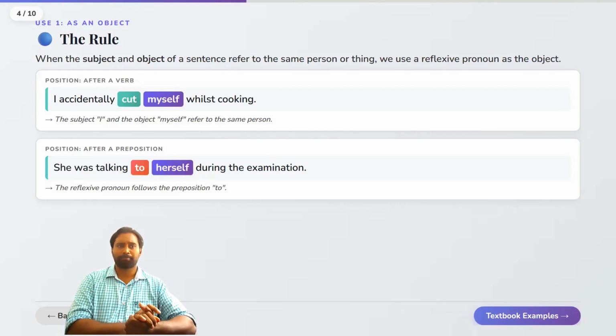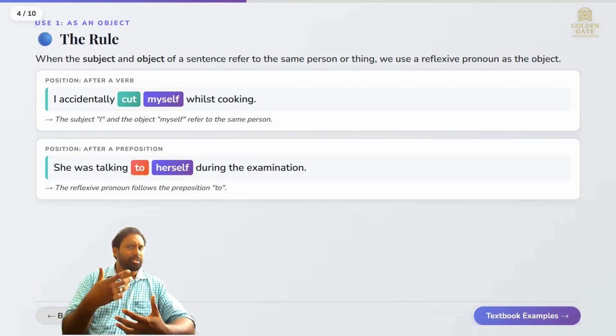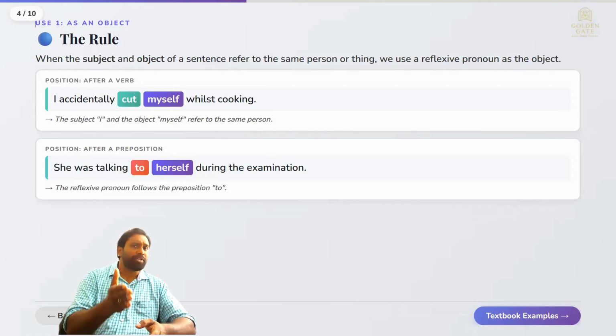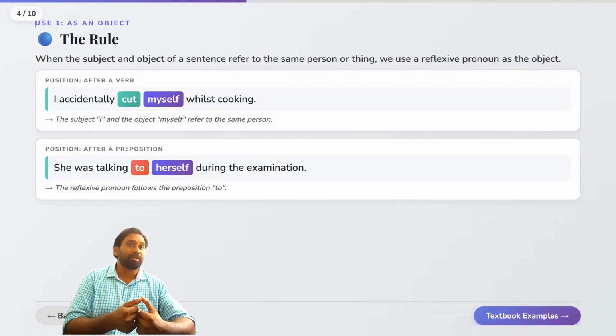Let's break this down. What is the action here? Cut. Who does this action? I. That means I is the subject. Who got cut? Again, it's I, the same person. So now can you see?